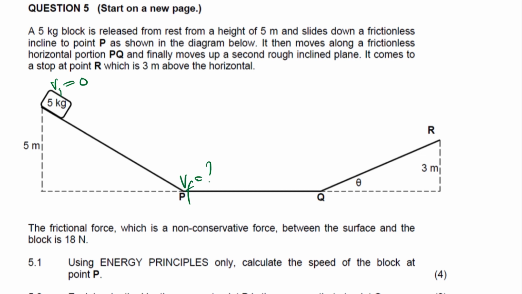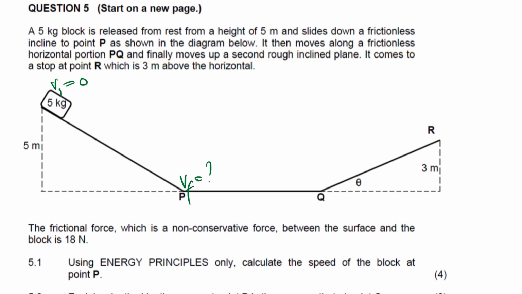And then it says it slides down a frictionless incline to point P. So from here to here, it's frictionless, right? There's no friction, there's no non-conservative force. It's a closed system. When it moves along a frictionless horizontal PQ, it finally moves up a second rough inclined plane.